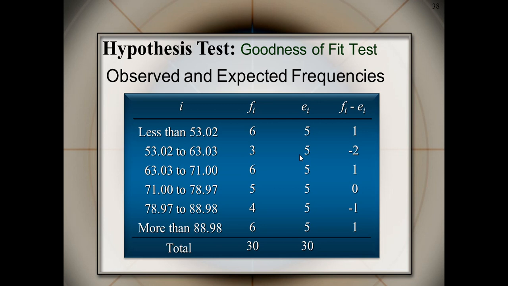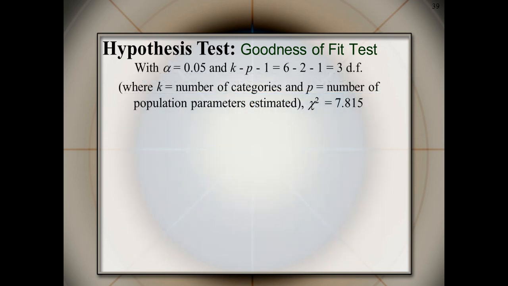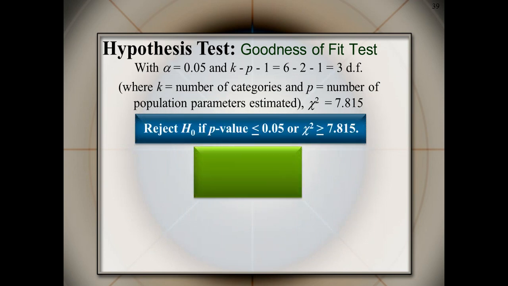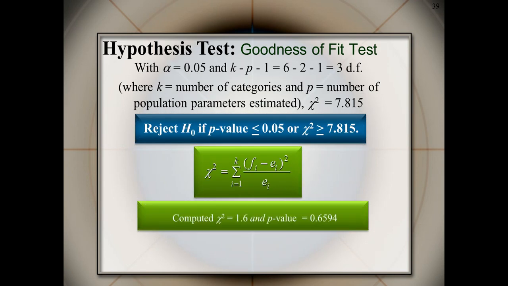That means there are 3 observations lying between 53.02 and 63.03, and the expected number is 5, and so on and so forth. This way I have the observed frequency, Fi, and the expected frequency, Ei. I can find the difference, the square of the difference, and express it as a ratio of difference square divided by expected frequency. We will get the computed value for chi-square.